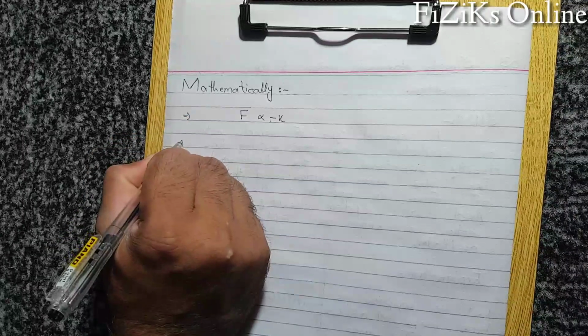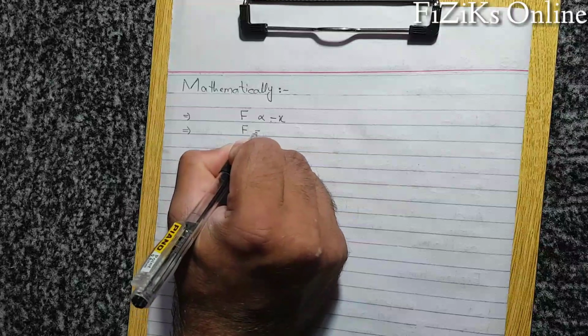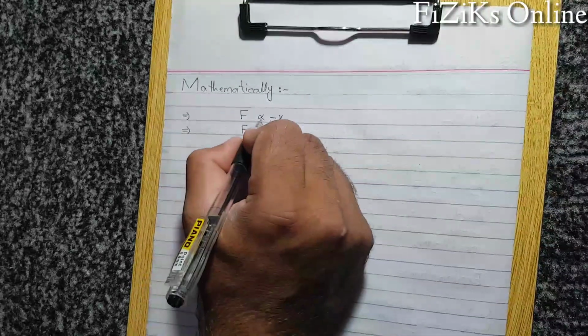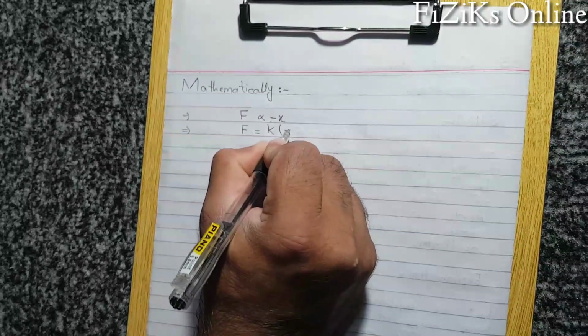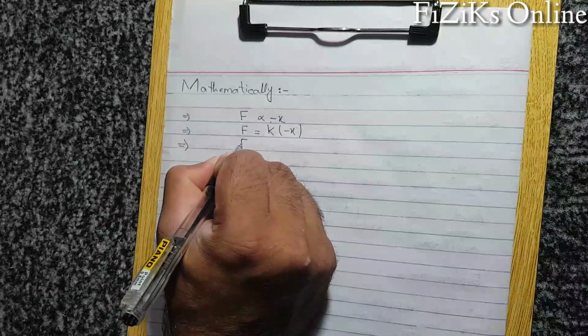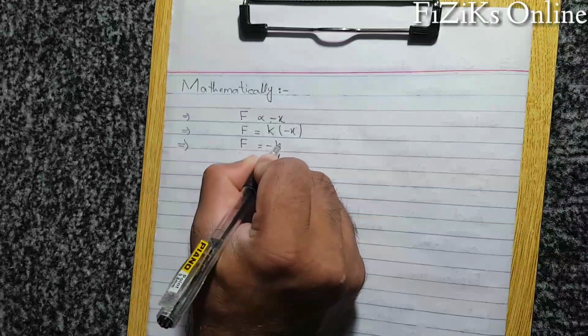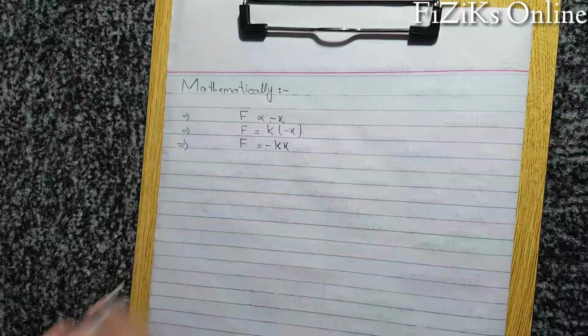Now in another step, changing proportionality into equality, we will put k. F equals minus kx, where k is the constant of the spring.